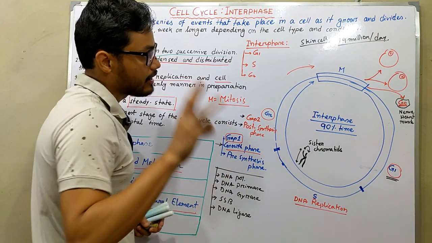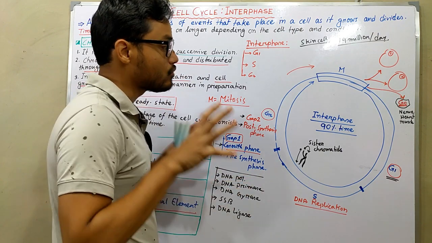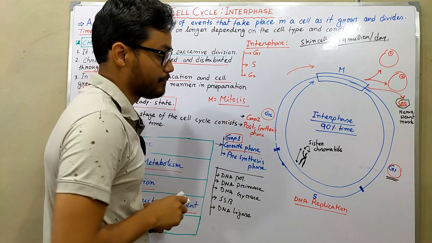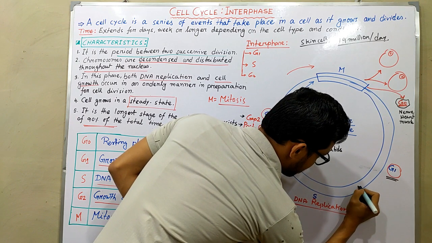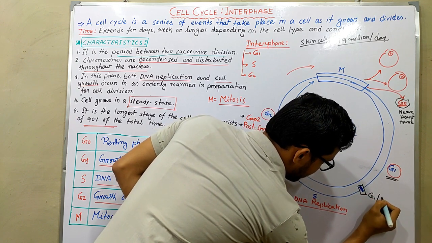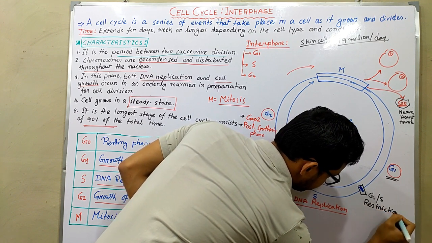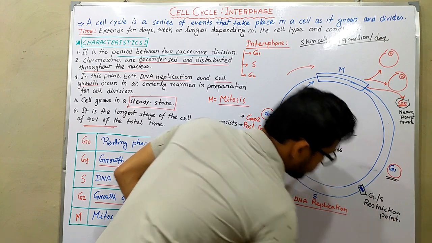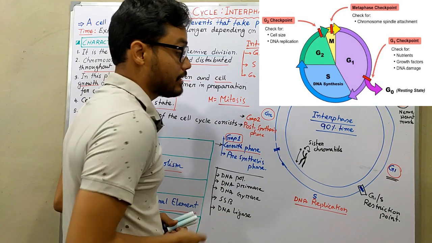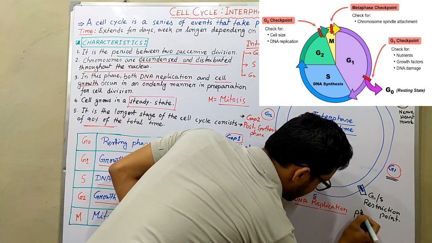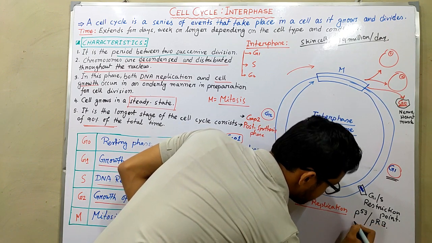Here three restriction points, or three checkpoints, are present that monitor the cell cycle. The first checkpoint is the G1 restriction point. Some proteins are activated, like p53, the tumor suppressor protein, and pRB, the retinoblastoma gene.